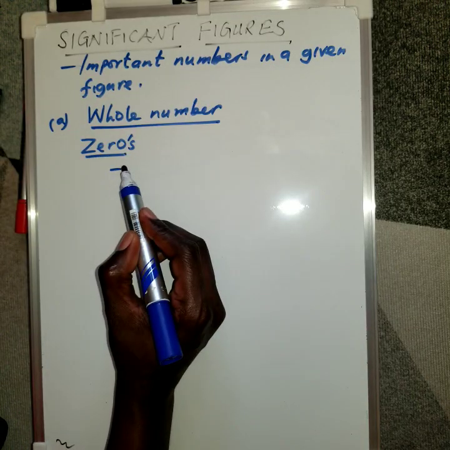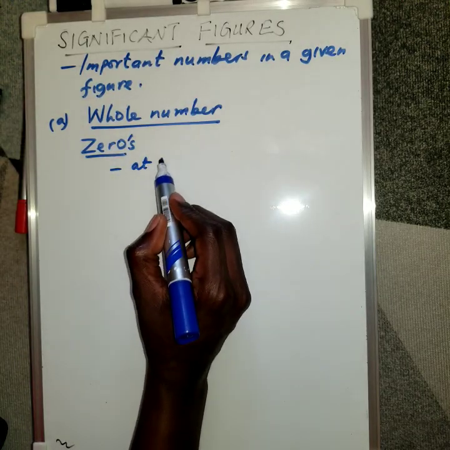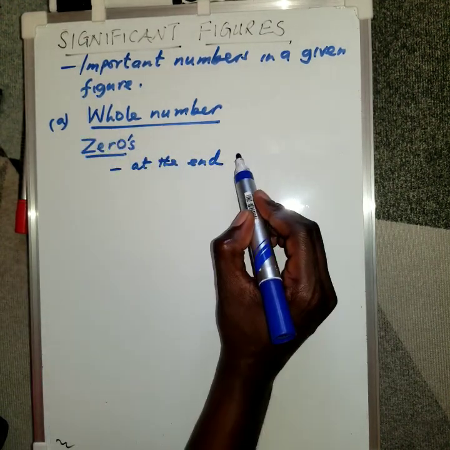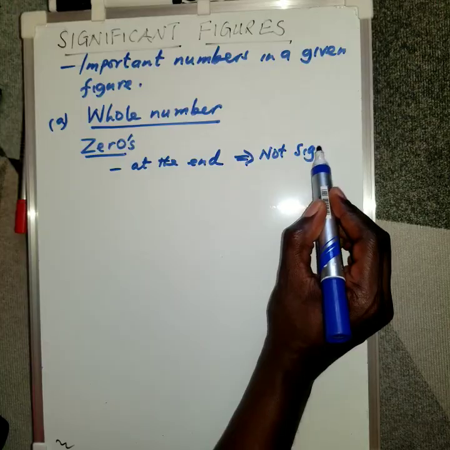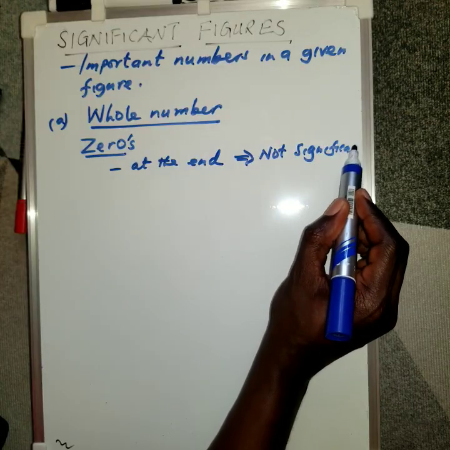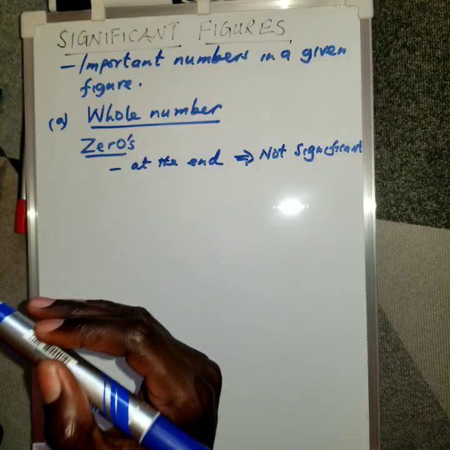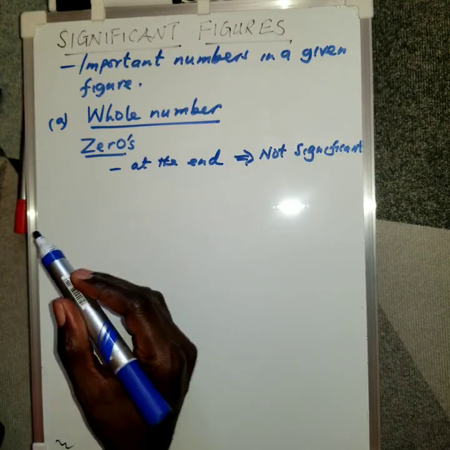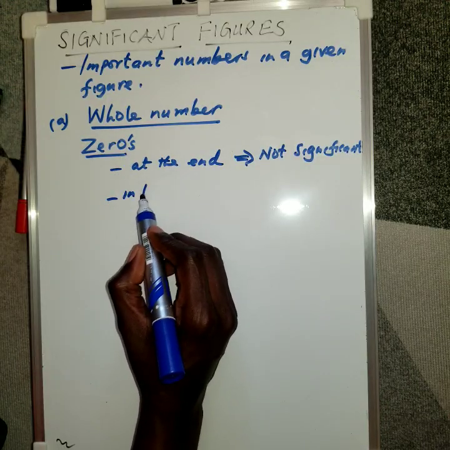So you need to remember that zeros at the end of a whole number, those are not significant. In other words, they are not important. But why do we write them? It is simply to maintain the value of the given digit that we have, but otherwise we do not count them. Then zeros in between.